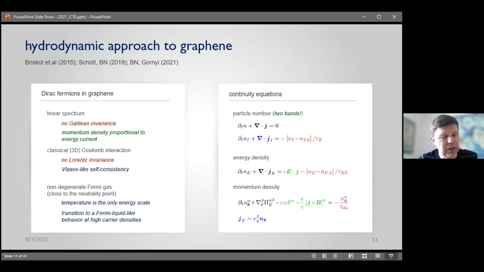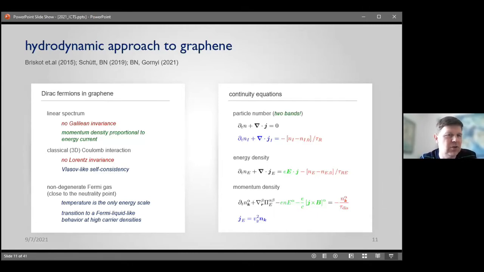Even though the spectrum is linear, there is also no true Lorentz invariance, because Lorentz invariance would require that the Coulomb interaction be two-dimensional and relativistic, which doesn't really happen in graphene.